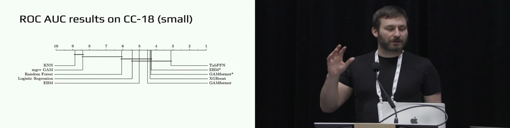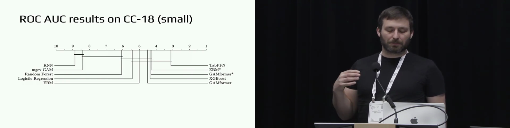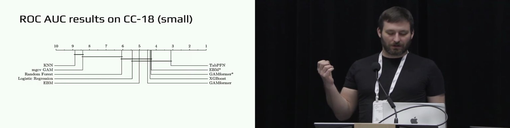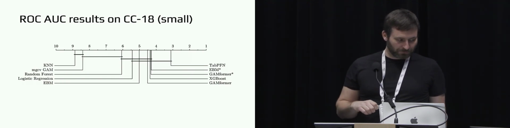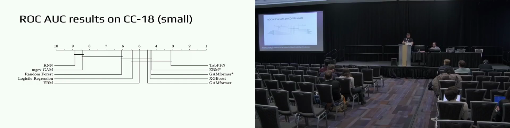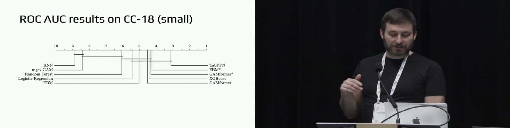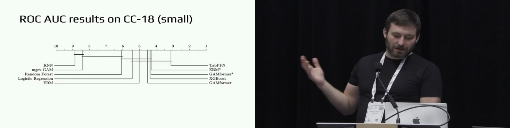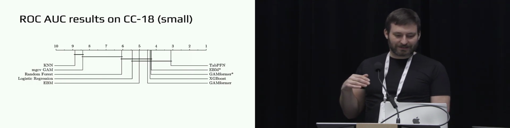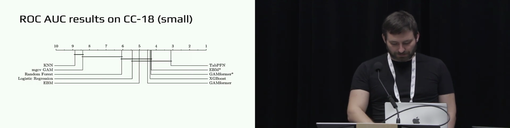EBMs model the full pairwise interaction space. For GAMformer, we just pre-process the input to contain the product of the top features, so it doesn't model the whole interaction space. But you can see that TabPFN is better than the rest, but the GAMformer's interactions are as good as EBM with interactions, beat XGBoost, and GAMformer without interactions is nearly as good as XGBoost.